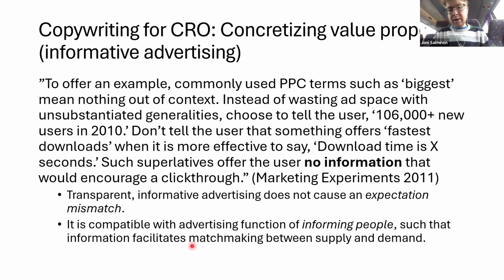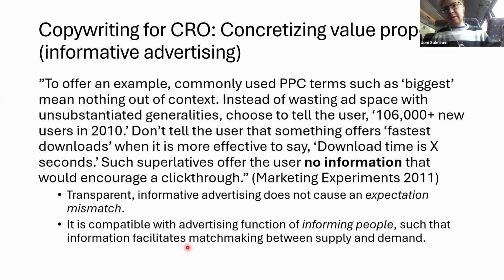And this is, again, very compatible with the function and the core purpose of marketing, which is about matching supply with demand. And to do that efficiently, we have to broker information. So we have to give that information about what the website content is so that people know already before if it is for them.